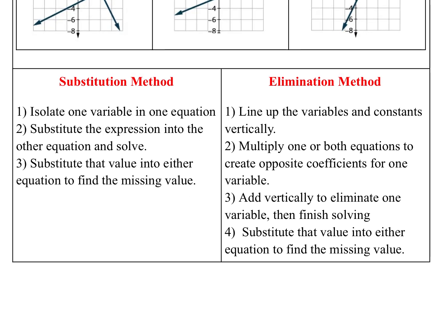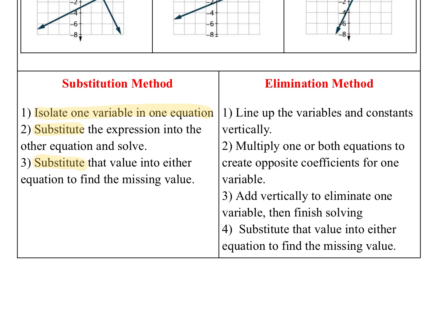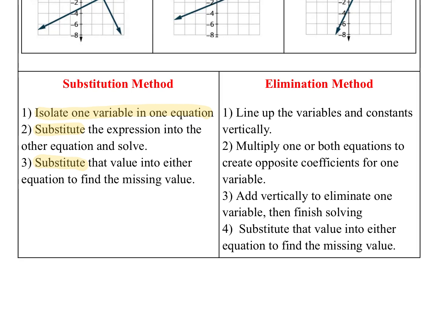So there's a substitution method where we essentially isolate one variable in the equation and then substitute it into the other to solve. And then we'll have to do another round of substitution. So sometimes the substitution method's the easiest thing to do, and then sometimes we'll use what's called the elimination method, where we line up the variables and the constants vertically, and then we want to make opposite coefficients for one variable.